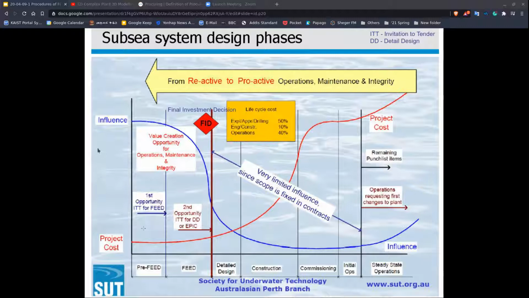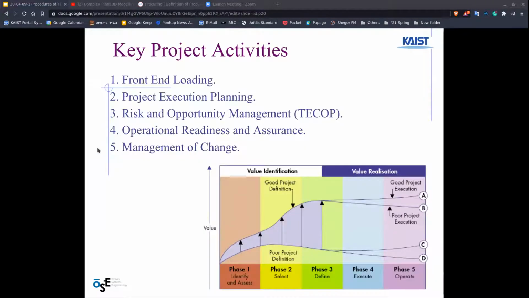These are the key project activities: front-end loading, project execution planning, risk and opportunity management, operation readiness and assurance, and management of change.